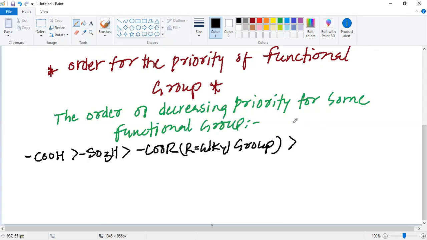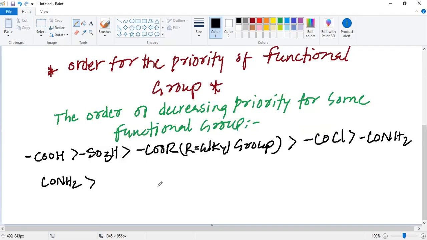Then we may have COCl. Then the next priority is amide, CONH2. Please remember, my dear students, that amide has even more priority. I am going to write amide once again for you.